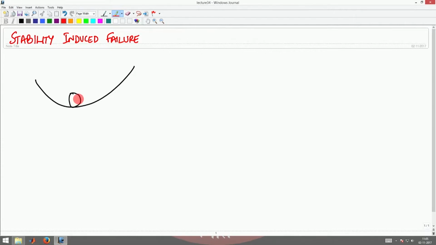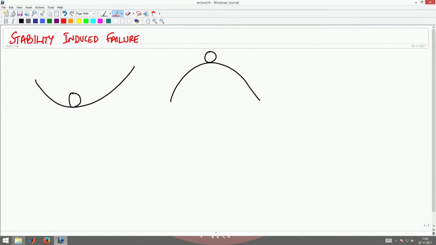On the other hand, if I have a ball placed on a surface like this, if I move this ball on either side, it goes to a totally different equilibrium state. So basically what happens here is a small disturbance alters the equilibrium state of the body.